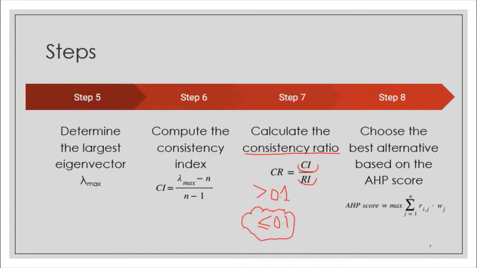So now, after attaining this value, we can safely choose the best alternative among a set of options. And this can be done by calculating the AHP score.